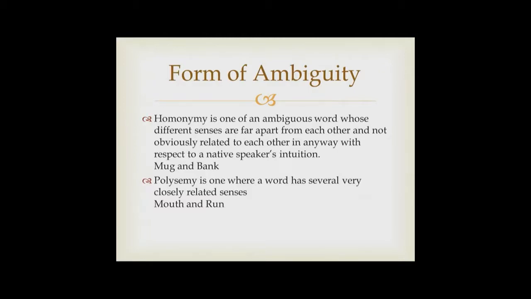One is homonymy, where ambiguous words have different senses that are far apart from each other and not obviously related in any way with respect to a native speaker's intuition, like the earlier trunk, and now we have mock and bang. Then polysemy is where a word has several very closely related senses, and the examples are mouth and run.